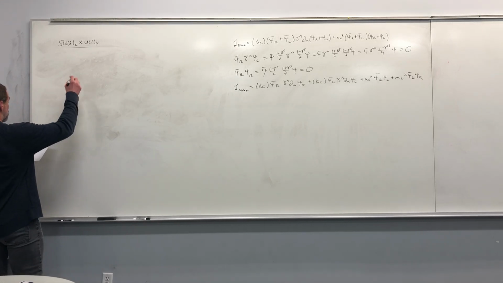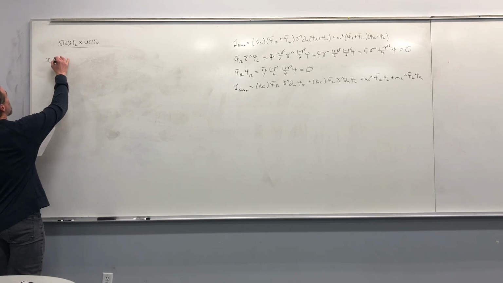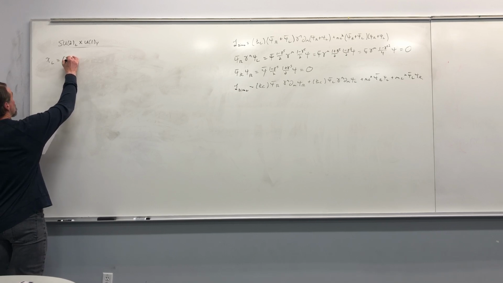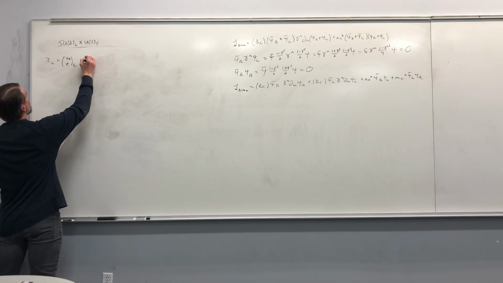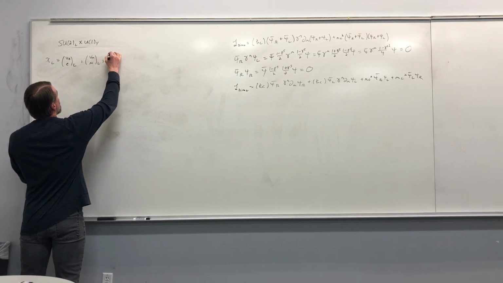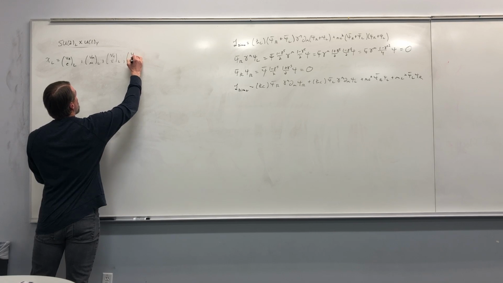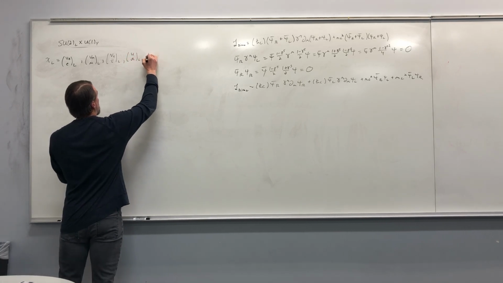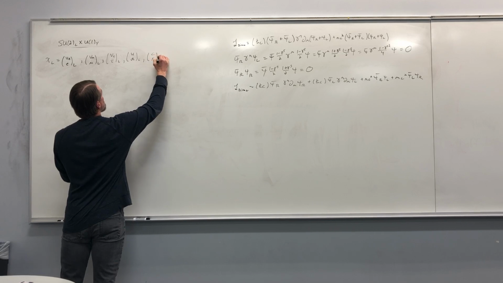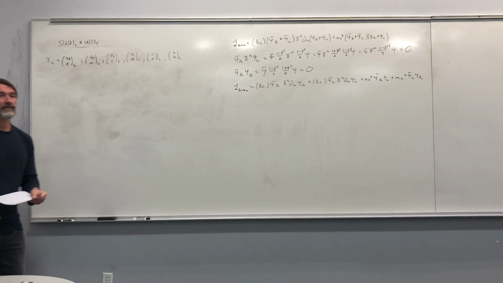So we can say that we have left-handed doublets, which are going to be comprised of the electron neutrino with the electron, the left-handed part of that, the muon neutrino and the muon, the tauon neutrino and the tauon, the up and down quarks, the charm and strange, and the top and bottom, the left-handed parts of each.